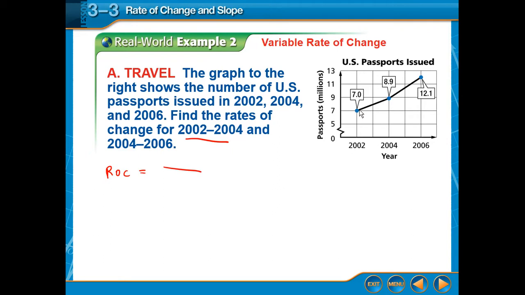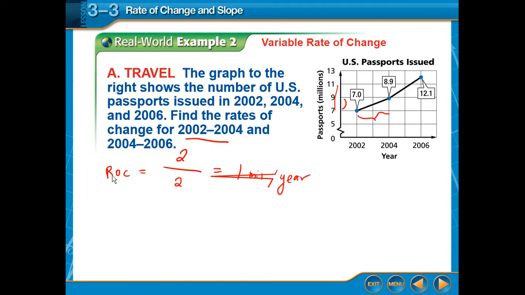In 2002 it was at 7, and in 2004 it was at 9. So from 7 to 9, it changed by 2. We put 2 on top. For the independent variable, from 2002 to 2004, it changed by 2. So 2 over 2, which is 1. So it changed by 1 million per year.